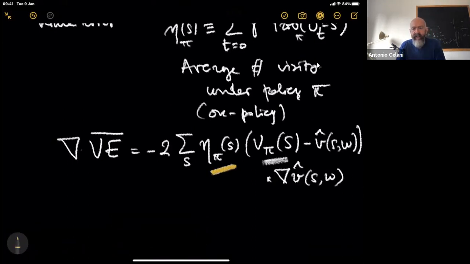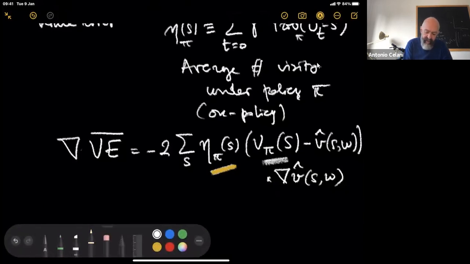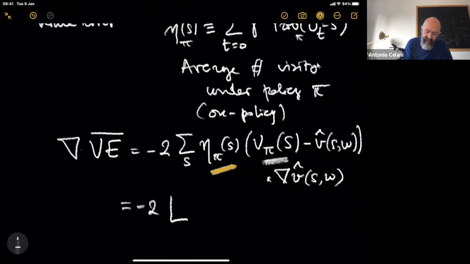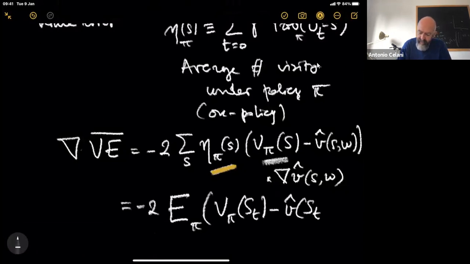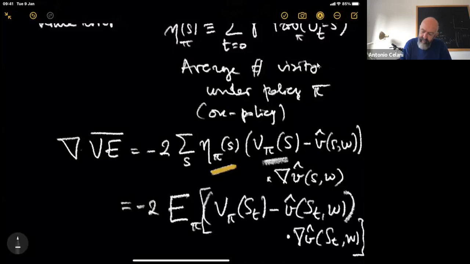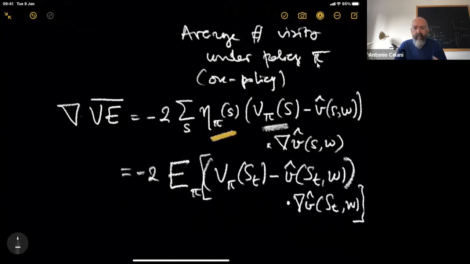Now here you see where it comes in handy, the fact that this eta pi is the number of visits, because I can immediately replace this quantity with minus 2 times the expectation along the trajectories generated by the policy of V pi at the state S_t minus the approximation at the state S_t with parameters w, times the gradient of V hat at the state S_t.